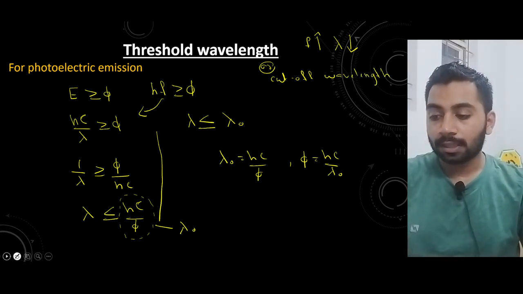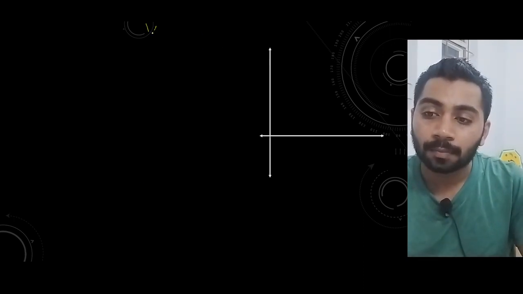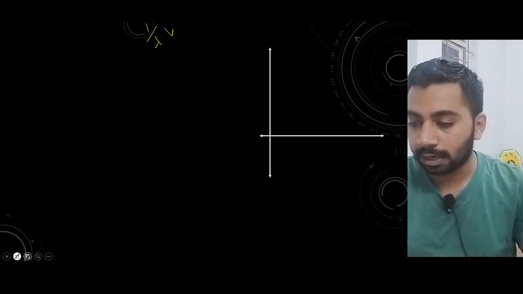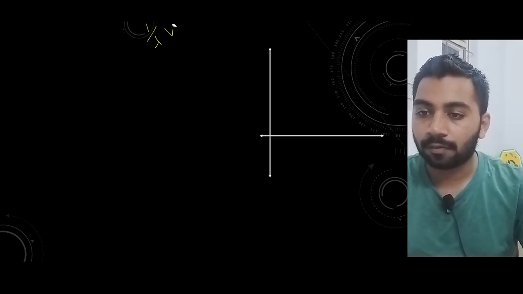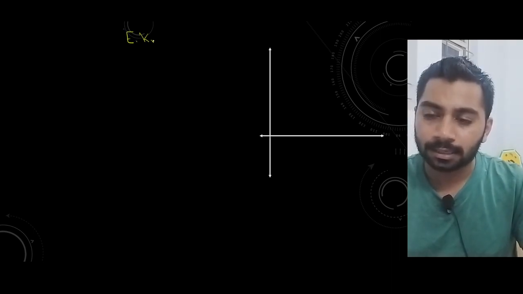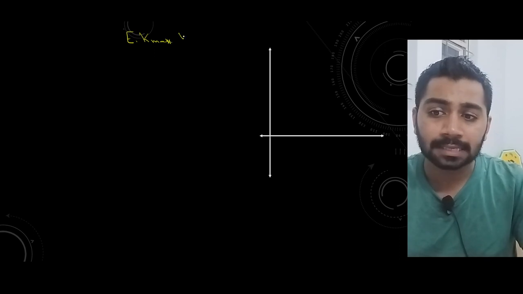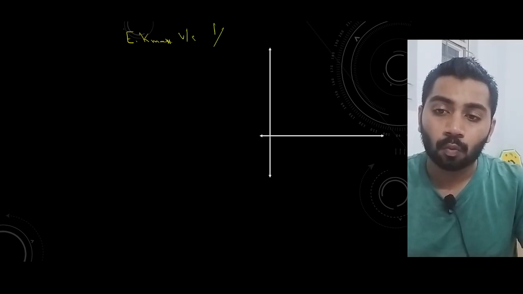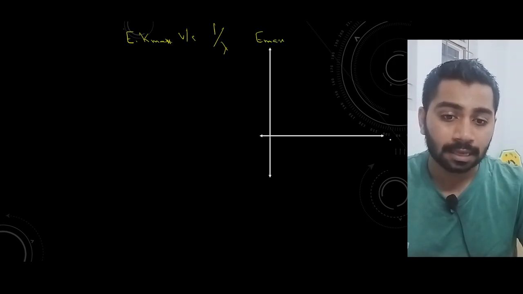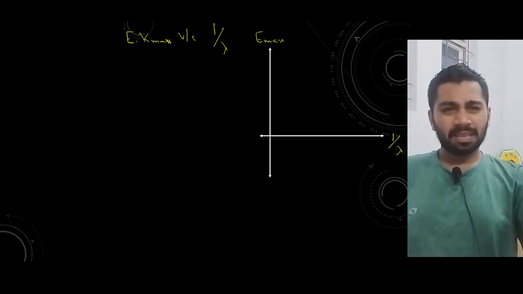Okay. Now same thing again, graph is for versus. Sorry, I did wrong. Yeah, this is the wrong way of taking. Okay, one second. Kinetic energy max versus 1 by wavelength, which is very simple. In this axis kinetic energy max, in this axis 1 by wavelength.